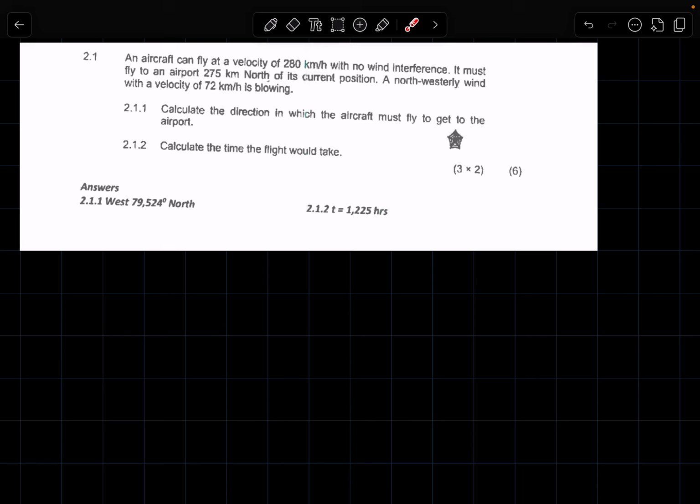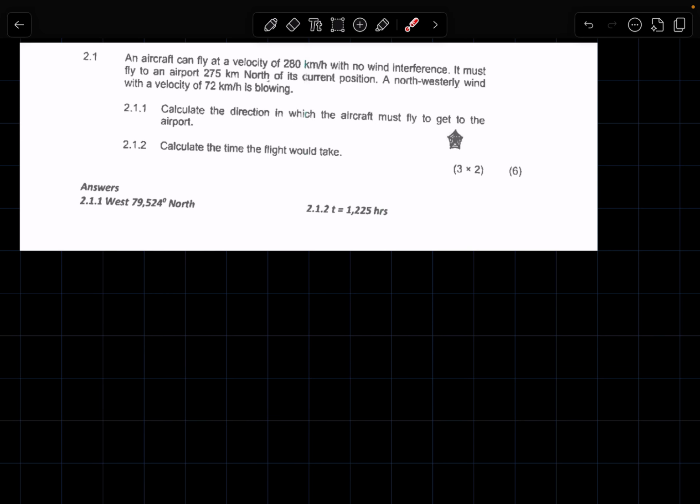Those are VO, VW, which are the components of VR, and VR itself. So we have three velocities that we look out for, right? In the data given, we look at what relates to the three velocities, VO, VW, and VR.